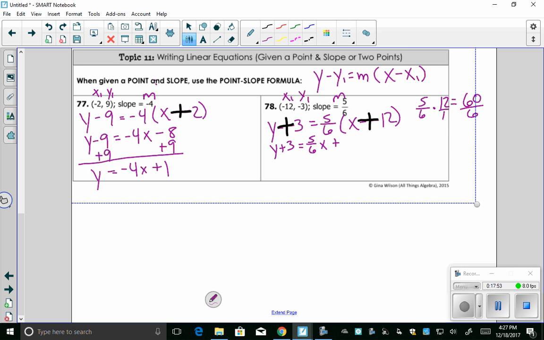So 5 times 12 is 60. 6 times 1 is 6. 60 divided by 6 is 10. Subtract 3 from both sides, and you get y equals 5/6x plus 7. So that's how you write a linear equation given a point and slope.